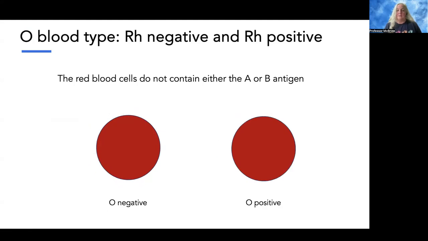For O blood types, the red blood cell does not contain either an A antigen or a B antigen. And so for an O negative, we have no A antigen, we have no B antigen, and we don't have the RH factor. If we have the RH factor, then we're O positive. We still don't have any antigens. Not A, not B.